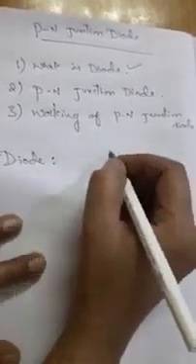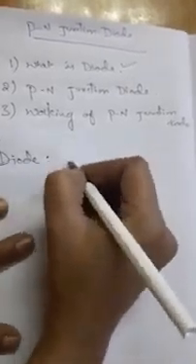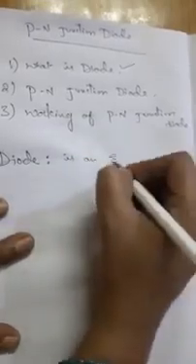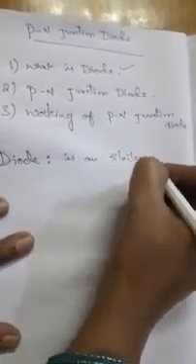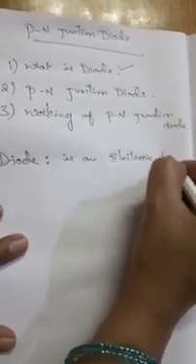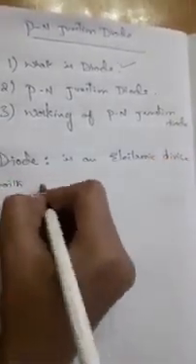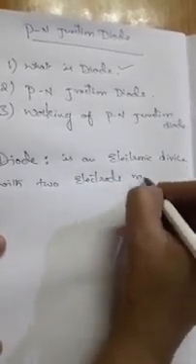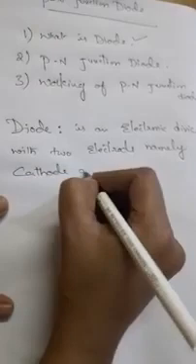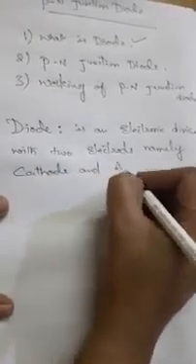The definition of diode is an electronic device with two electrodes, namely cathode and anode.